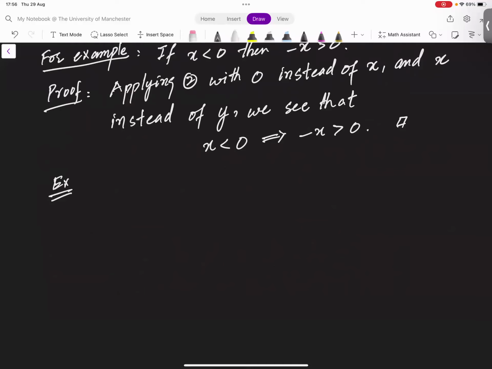Example. If x is not 0, then x square is greater than 0.